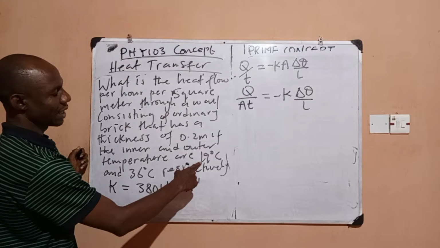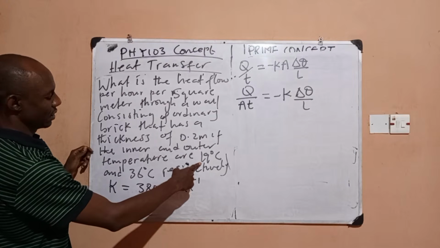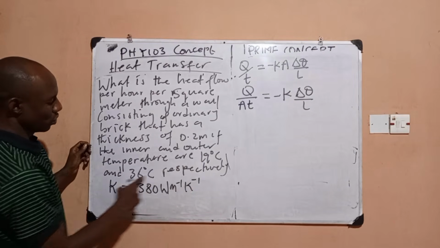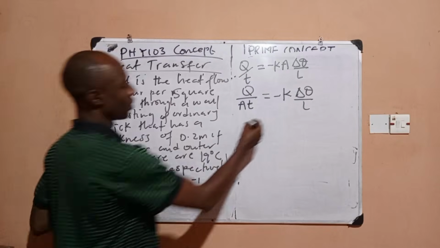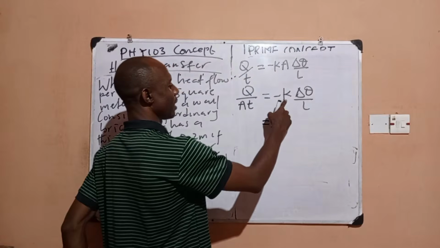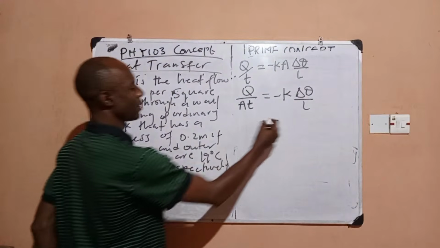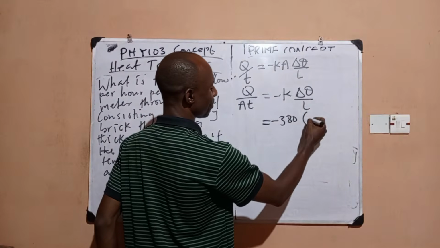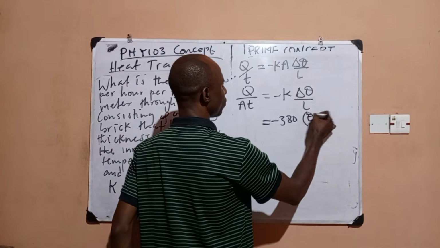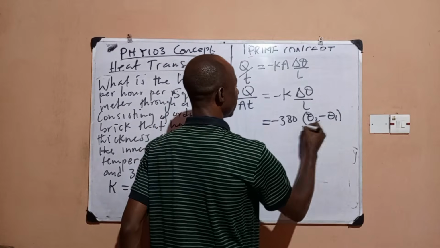So it means that 19 is theta 2, 36 is theta 1, right? So we have minus K, and our K is 380 times our change in temperature, which is theta 2 minus theta 1 over L.